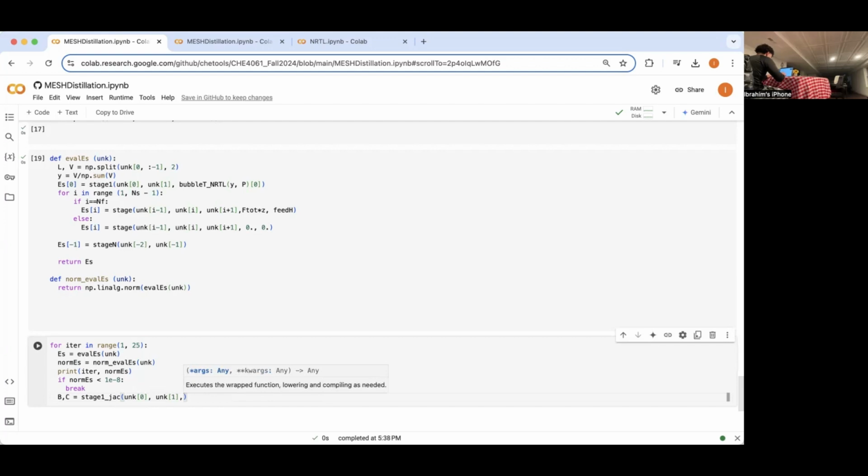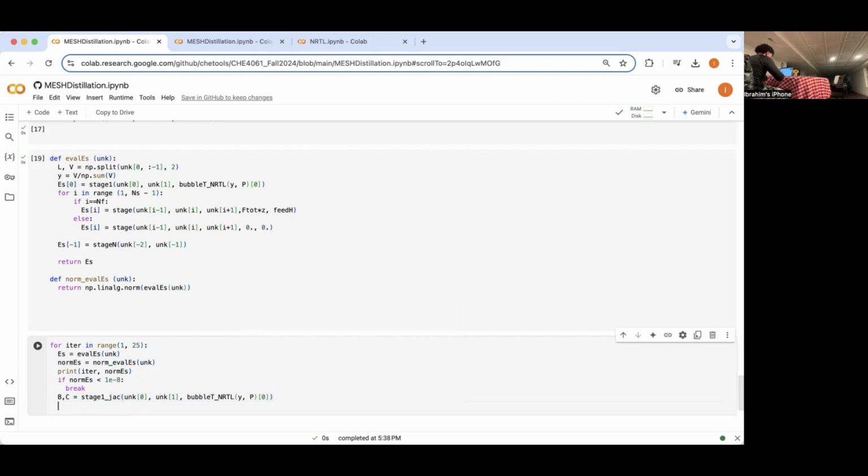And I'm not closing that yet. And we're also adding our NRTL function as a function of our vapor composition and our total pressure, and then as a function of 0 here. Okay.